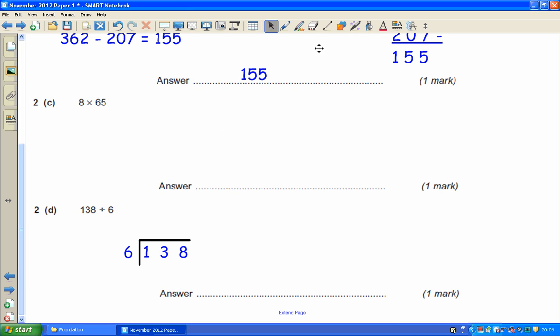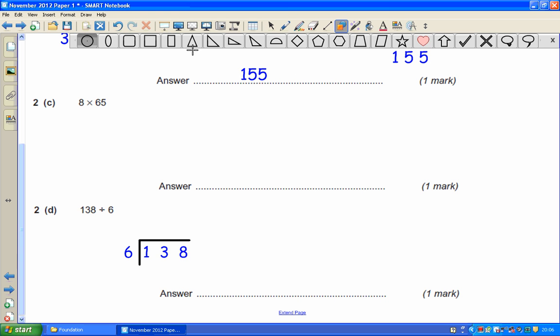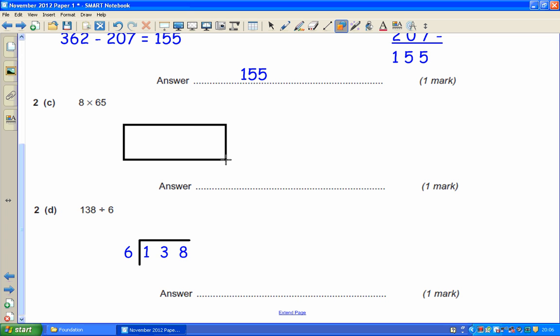2C, 8 times 65. And again, I'm guessing a lot of people on this will use the box method.